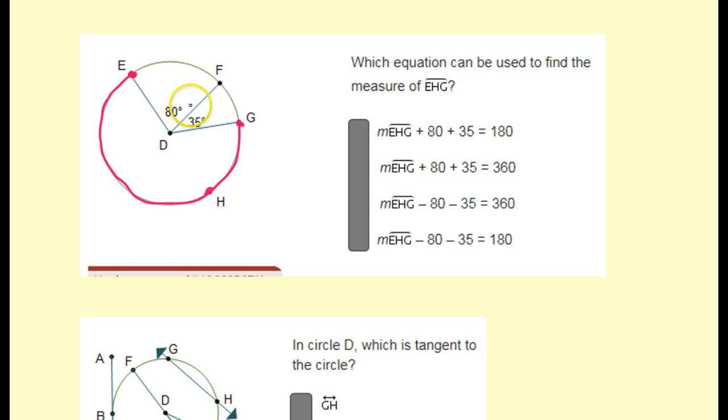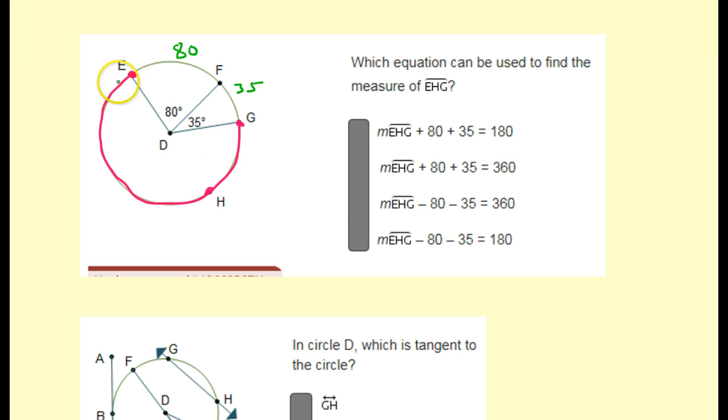And first, let's start by thinking about how we would find it. So the rest of the circle is this 80 and 35.